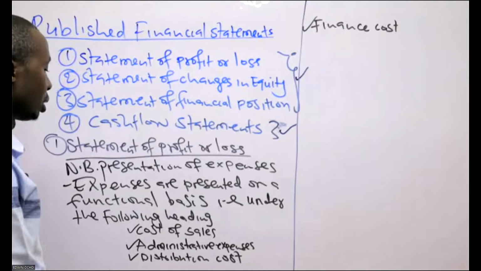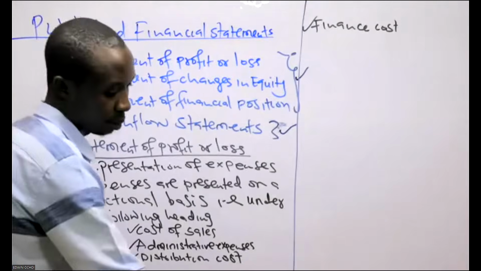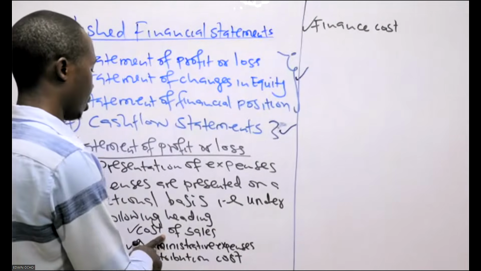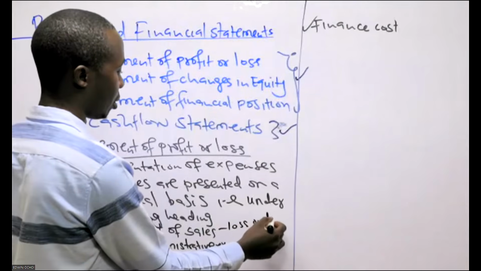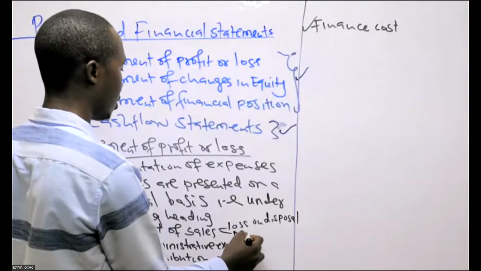So which expenses can we classify under the cost of sales? Some expenses to be classified under the cost of sales include things like loss on disposal and depreciation of assets.